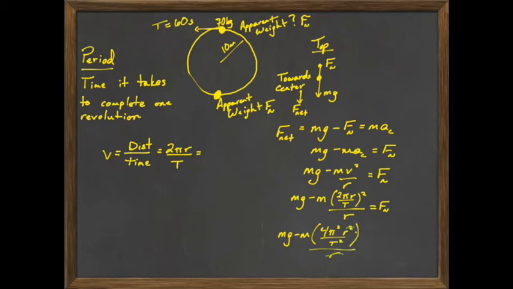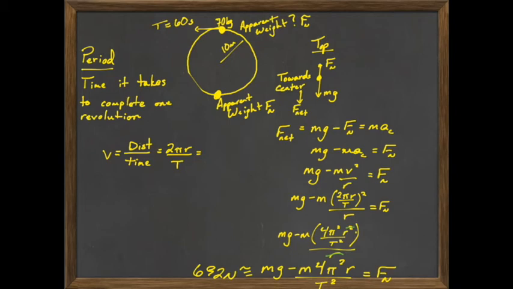So one of those r's is going to cancel, and what we're left with is mass times 4 pi squared times r divided by the period squared. When you crunch all these numbers, where the mass is 70 kilograms, gravity is about 10, r is 10 meters, and the period was 60 seconds, you find a normal force of about 692 newtons.